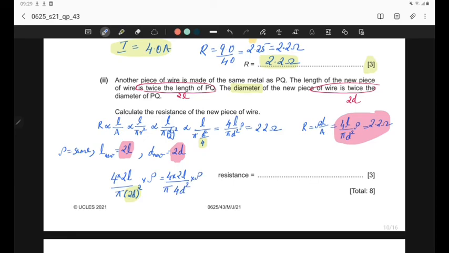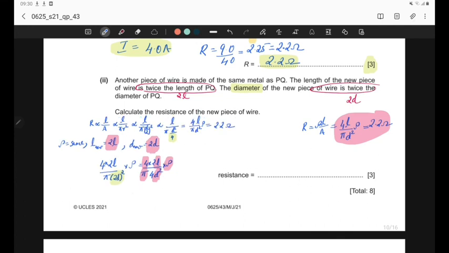Now I am going to combine these terms, 4L over pi d square times resistivity, because they are the same as in the earlier equation.